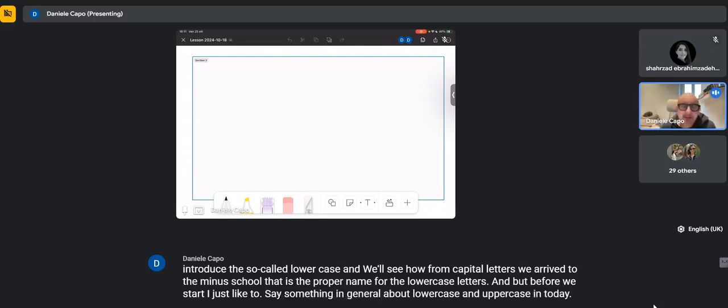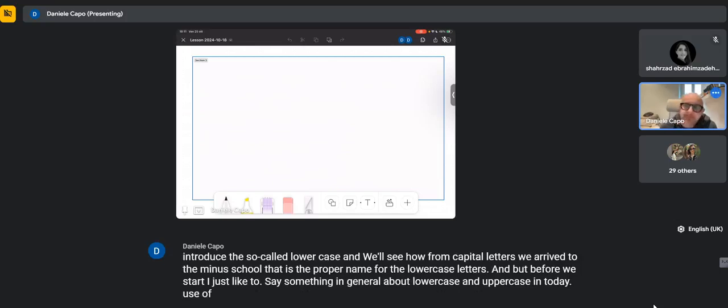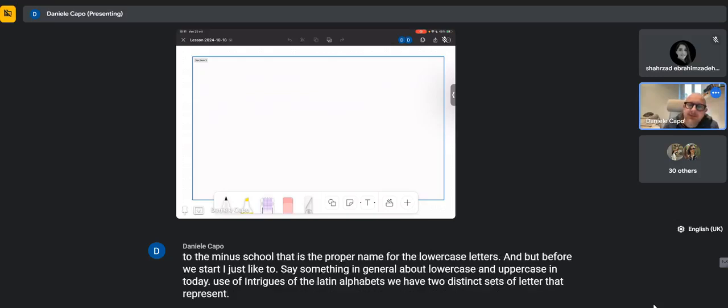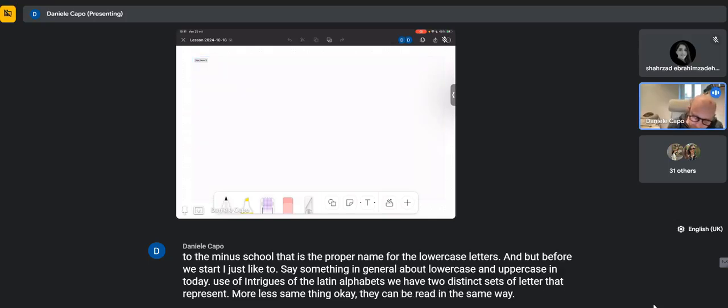In today's use of the Latin alphabet, we have two distinct sets of letters that represent more or less the same thing. Okay, they can be read in the same way.